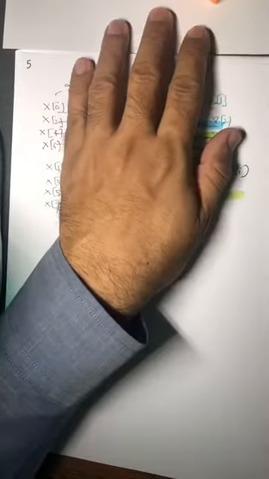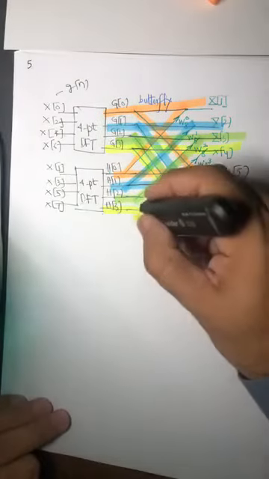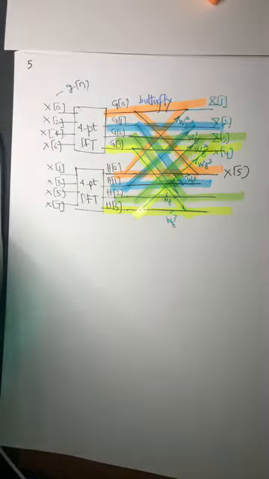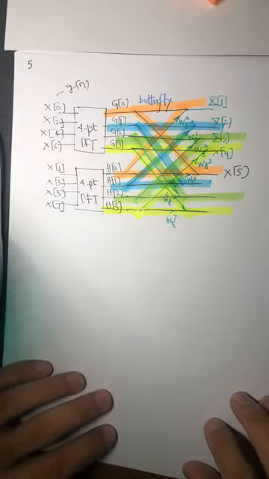So you see 8 butterflies, a butterfly structure.